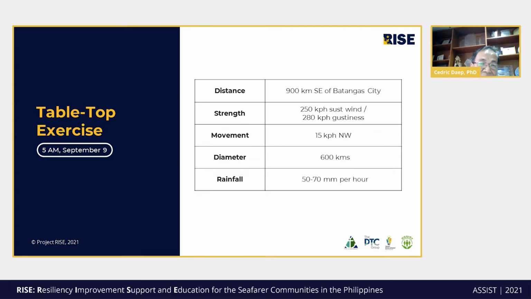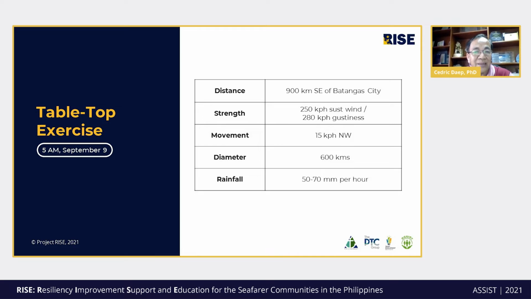Now, for the tabletop exercise, number 1, we are going to organize groups composed of members from one group for warning, another group on communication and information, another group for evacuation, another group for transportation, another group for security, another group for relief, another group for water, sanitation, and hygiene.